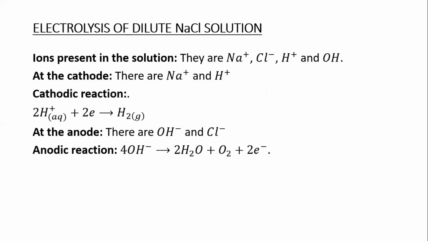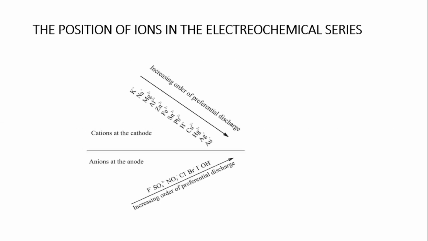For instance, in an electrolyte where OH minus and Cl minus are the competing ions in the solution, if the concentration of Cl minus is much higher than that of OH minus, then because they are closely positioned in the electrochemical series, that is, only one or two ions separate them, the concentration factor can overrule the factor of position in the electrochemical series.